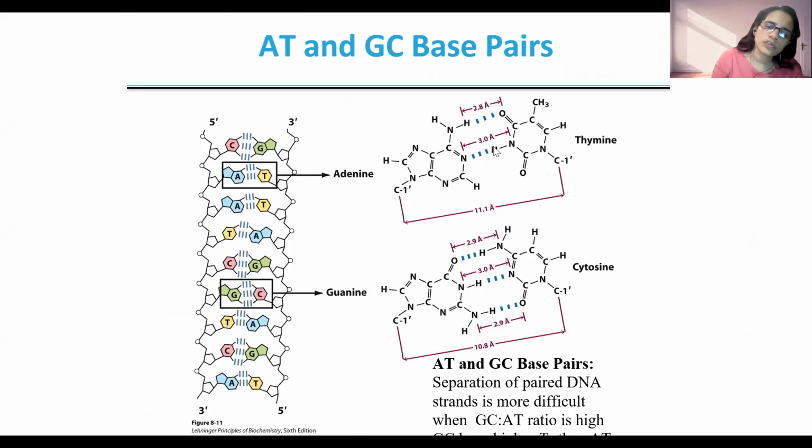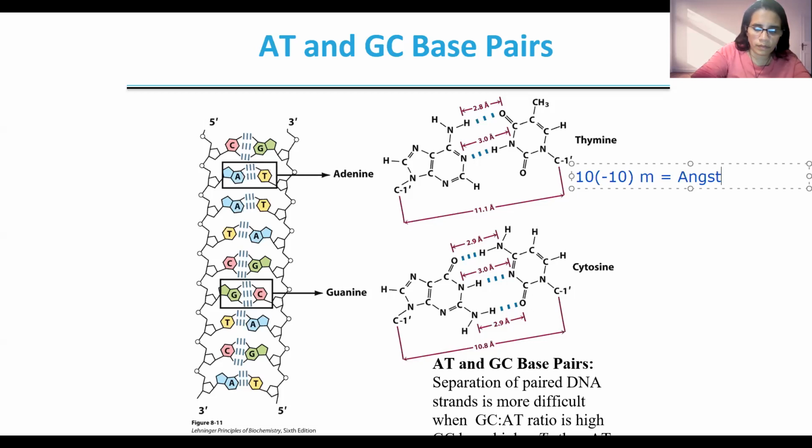And this is angstrom. So angstrom is 10 power minus 10 meter. So that would be 10 to the power, which I'm going to write in parentheses because Zoom doesn't let me write superscript. 10 power minus 10 meters is angstrom. Which is really, really small.